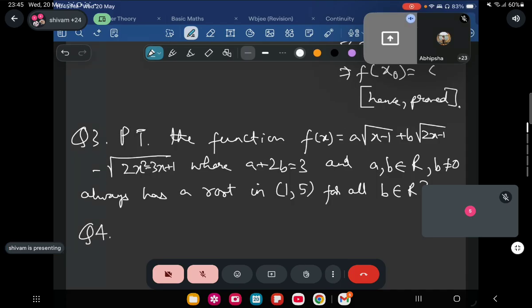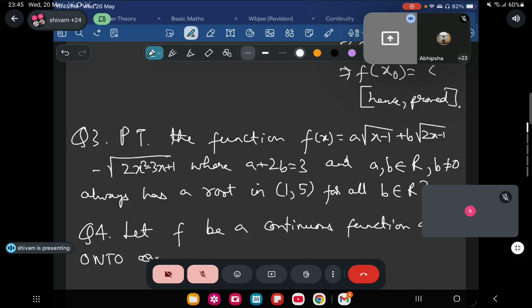Question number 4. Let f be a continuous function defined onto on close 0, 1 with range close 0, 1.